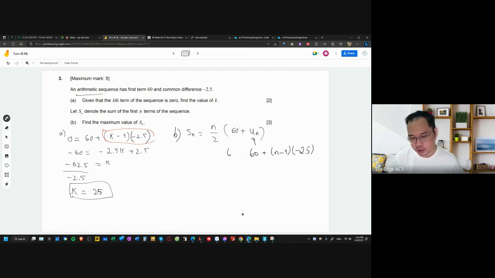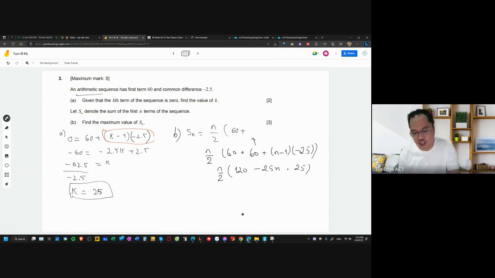Then simplify this thing. n over 2 here. 60 plus 60 is 120, and then minus 2.5n, and then plus 2.5, and then minus n over 2 here. And then use the calculator. Ask the calculator to find the maximum value.